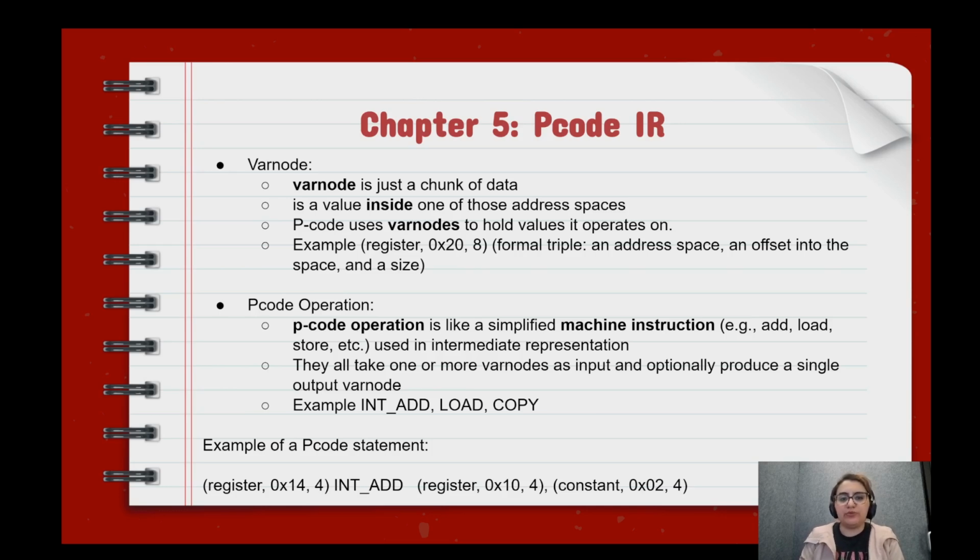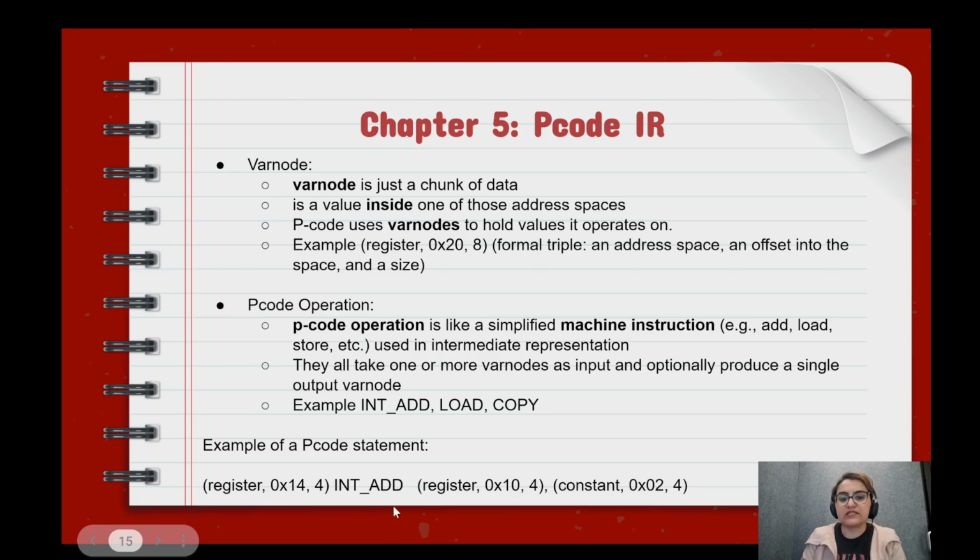What is a Pcode operation? Like instructions in assembly where we have operations and operands, Pcode also has operations. It's like simplified machine instructions, and it usually contains multiple var nodes as input, and optionally it produces a single output var node.